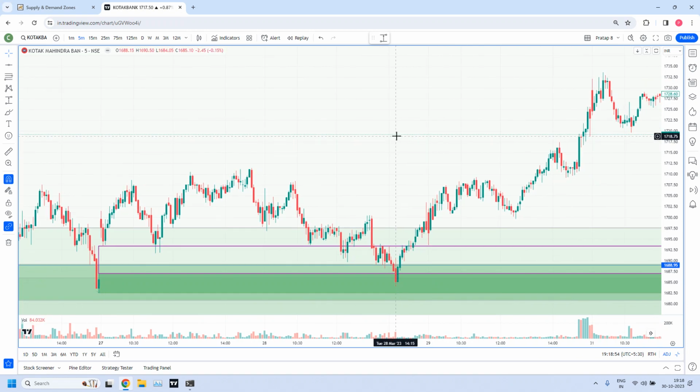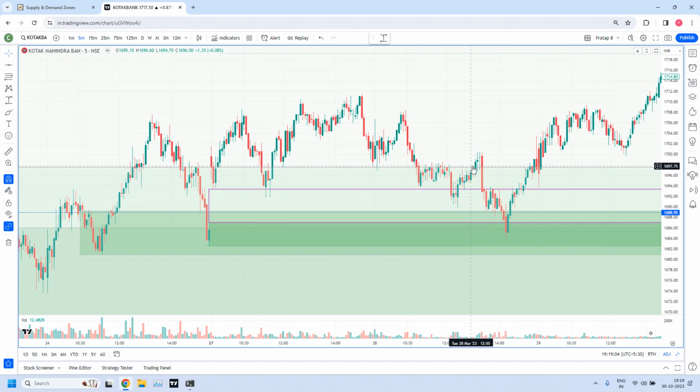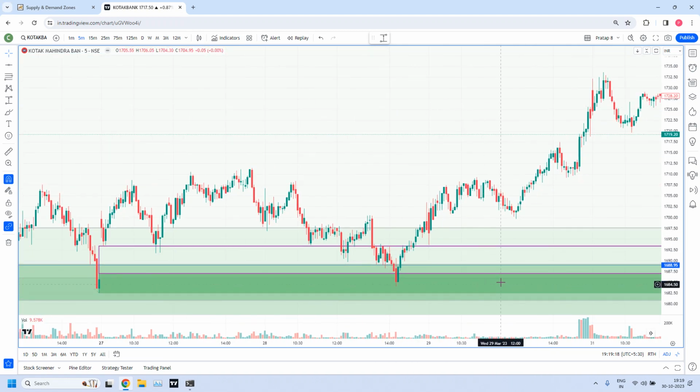But there are times, how institutions divert our attention. As a normal supply demand zone trader, we think okay, this professional gap is filled, but this 5 minutes demand zone is still valid, because it's not yet violated.